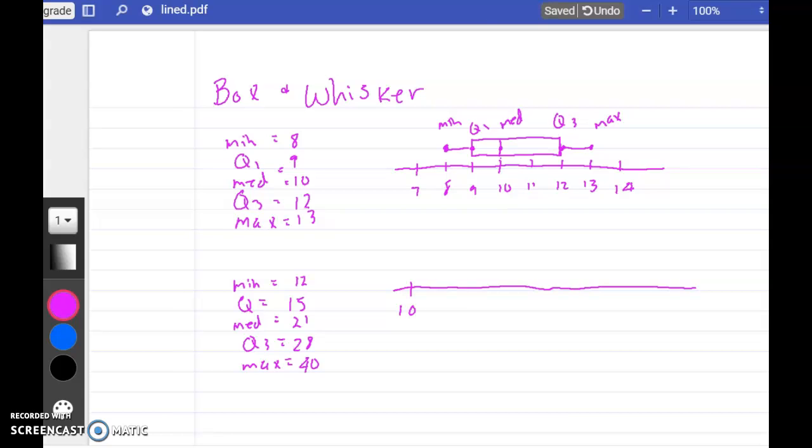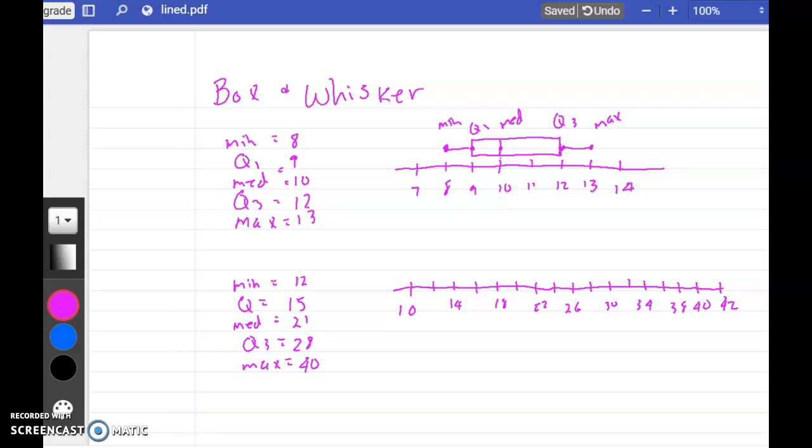I can do 10. I'm going to wind up going by 2s, so 10, 12, 14, 16, 18, 20, 22, 24, 26, 28, 30, 32, 34, 36, 38, 40, and 42.